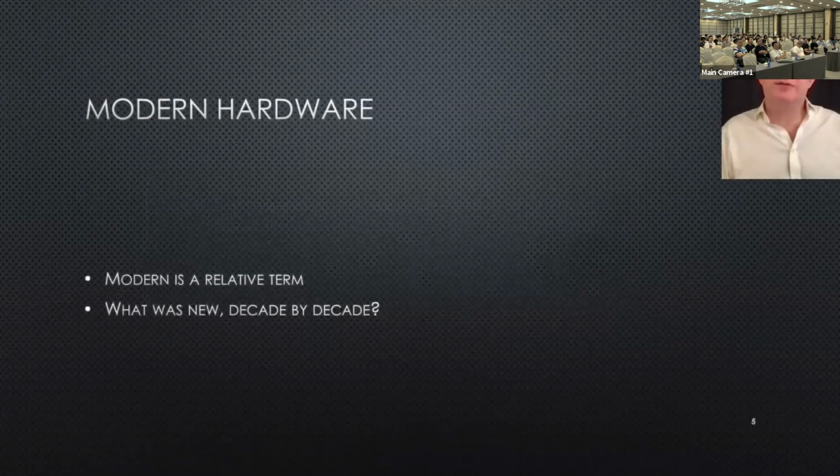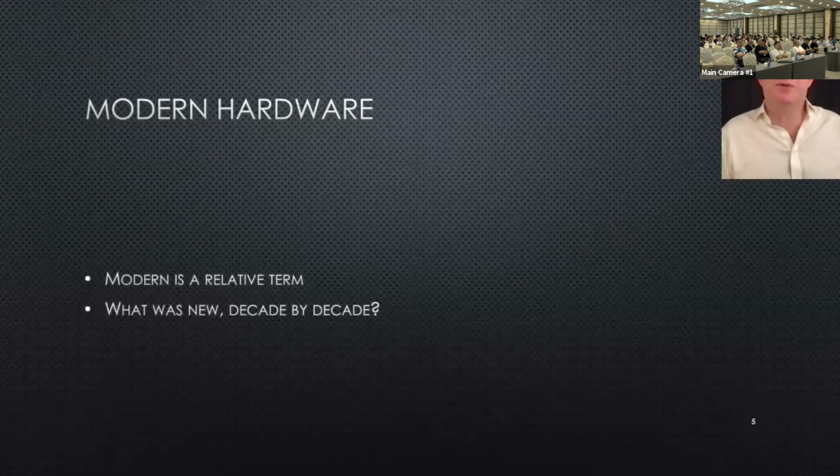So modern hardware was a term that I used in the title. What exactly does that mean? Well, obviously modern is a word that has a meaning that changes over time. What is modern today won't be modern tomorrow. Some of the things that are considered new 20 years ago are probably thought of as almost ancient today.